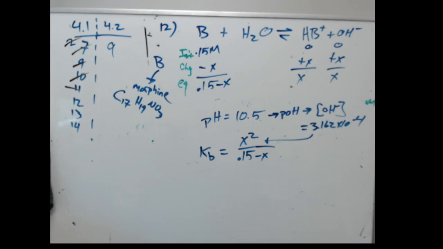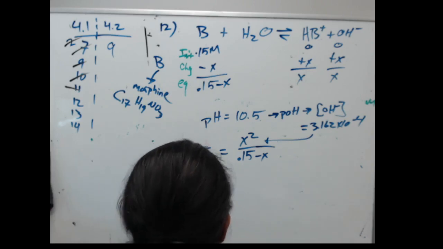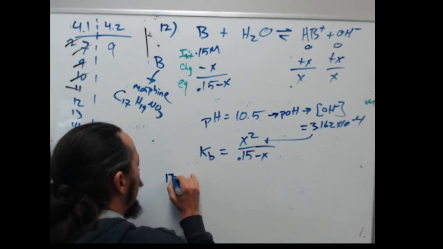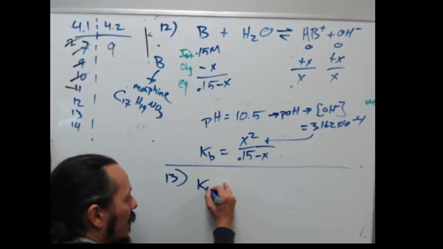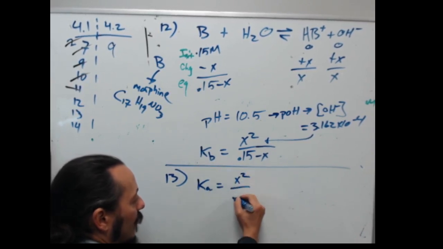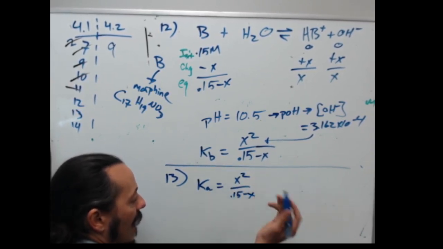Okay, number 13. The phrasing gets a lot of people because they don't read the textbook, so they don't look at percent disassociation. Number 13 is really similar to what we just did, where it's a weak acid, so Ka equals x squared divided by 0.15 minus x.